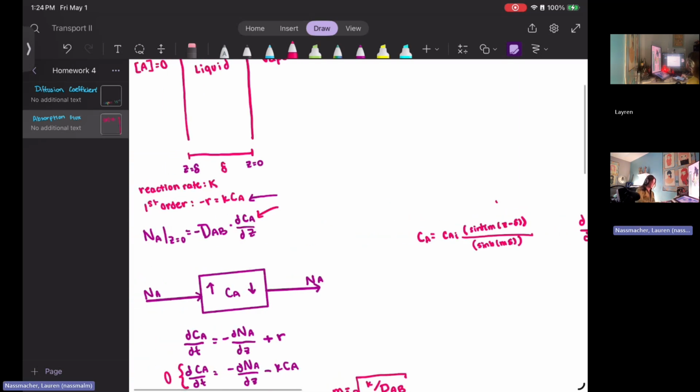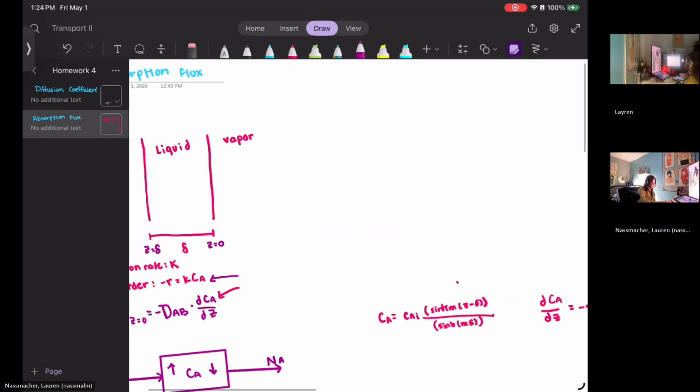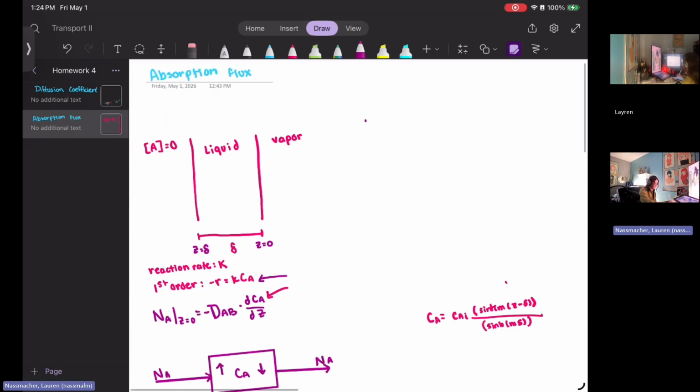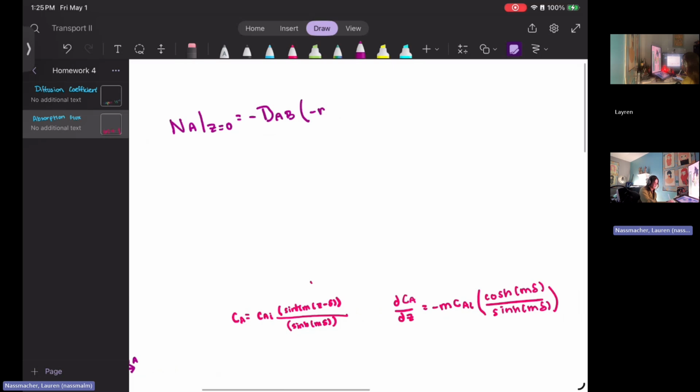And we plug this back into our Fick's law. Let's go up here and just write the final equation for our problem, which is Fick's molar flux of A at z equals 0, equals the diffusion coefficient of AB multiplied by negative m times the concentration at the interface times hyperbolic cosine of m thickness divided by hyperbolic sine of m thickness.